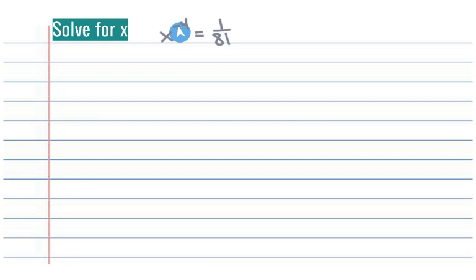If I change the sign on my exponent, I'm changing the orientation from numerator to denominator. So I can rewrite this as 1 over x to the 4th, and that's still going to equal 1 over 81.